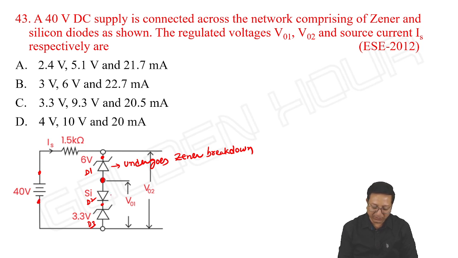It is simply forward biased. And D3, its cathode is going towards positive terminal of the supply and anode is going towards the negative terminal of the supply. It is reverse biased. Its breakdown voltage is 3.3 volts, supply is 40 volts. So it is also under GNR breakdown.